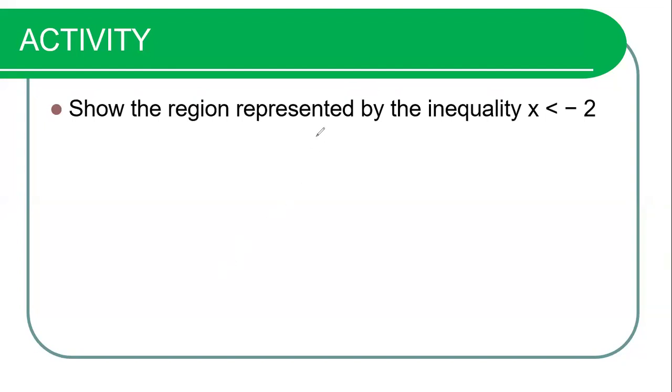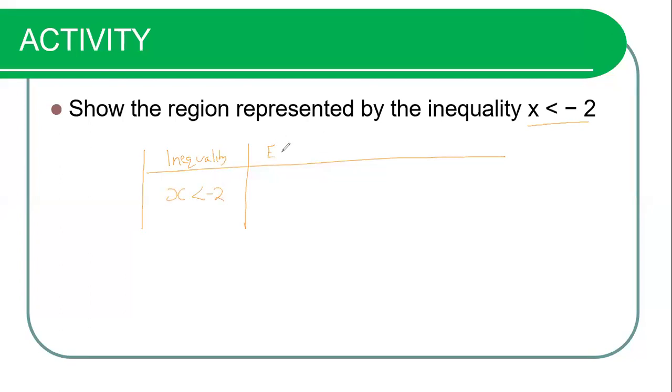Okay, now we are going to plot this. When we are plotting a line, you will need these three things. The first one is that you have your inequality. This is our inequality, which is x less than -2.